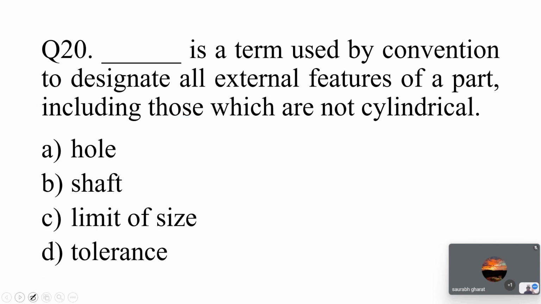Next: developed by convention to design all external features of a part, including those which are not cylindrical. What is the main point to highlight? External features.